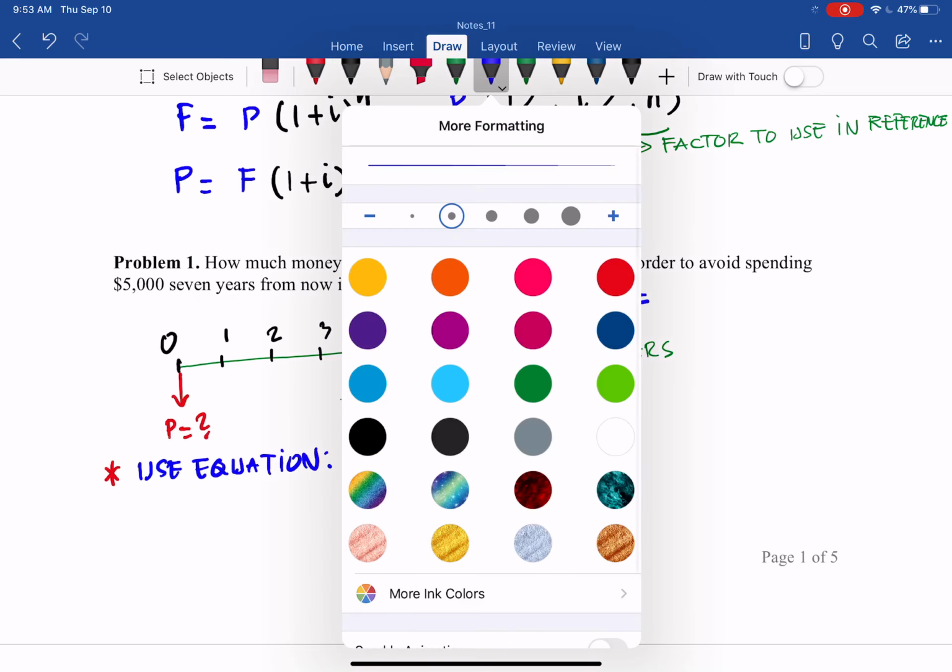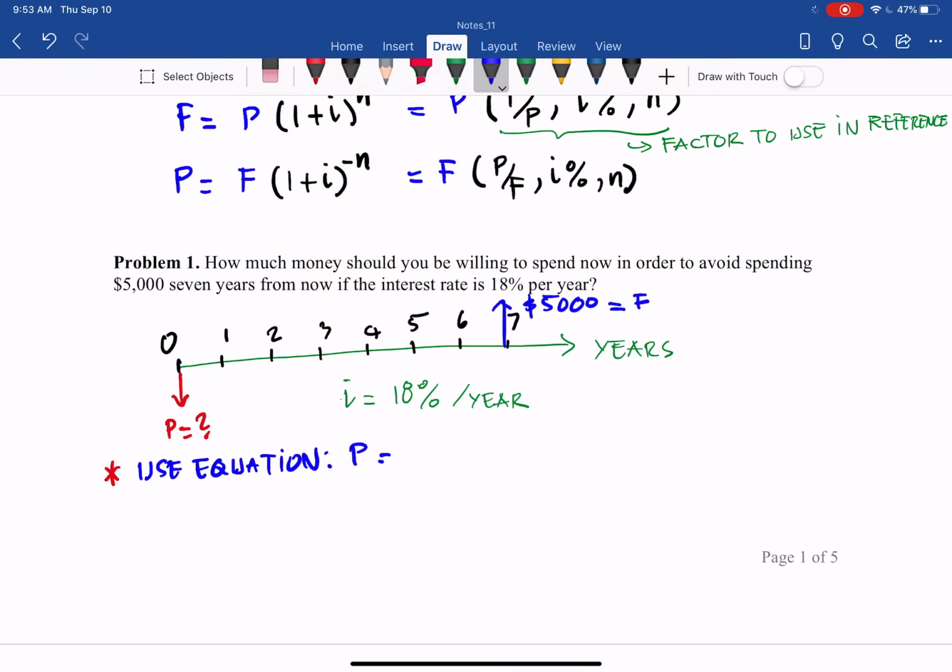Then I have P equal to F times (1 plus i) to the negative n, and that equals 5,000, that future value, times (1 plus 0.18) to the negative 7 years.